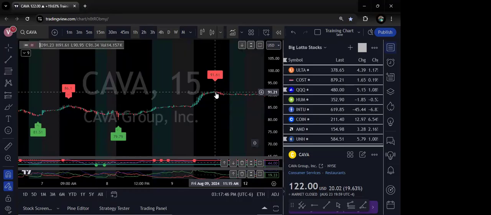On the 19th, you want it above this 90 support to ride it up. So you want to see the following week, did they ride it above 90? If they do, that's the stock to trade.